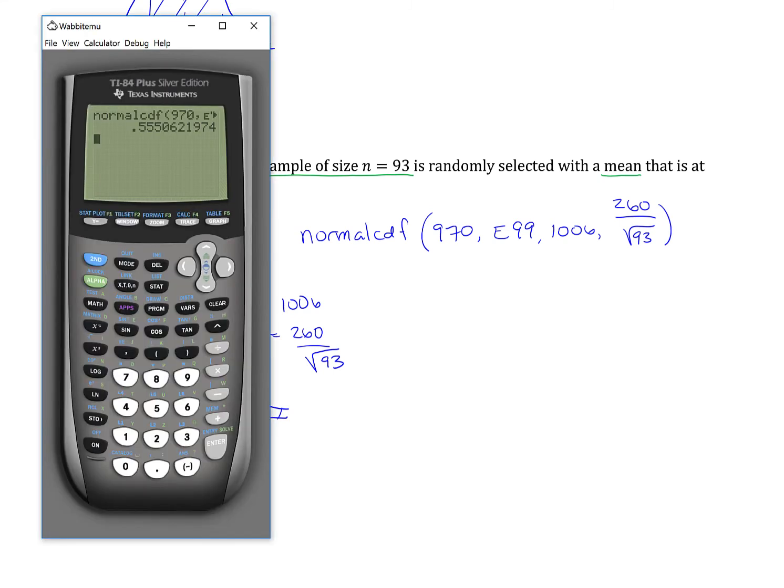And if we use the calculator to get the answer, some of you may be seeing menus when you use normalcdf. That's perfectly okay. You have one of the later model TI-84s, and it looks like this. So instead of typing in a comma-separated list for the information, you're actually just typing in the values in a menu.